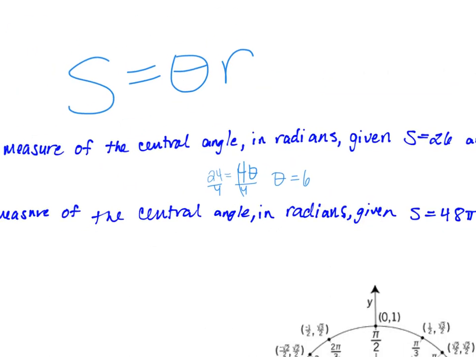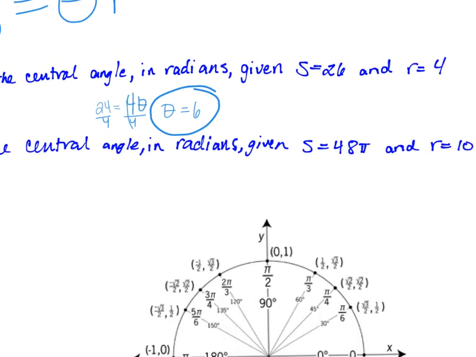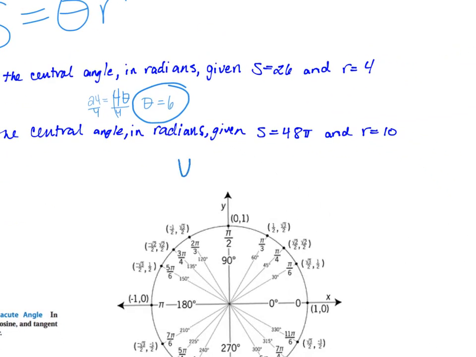Is there a degree measure in your problem? No. So then you assume it's already in radians. You're good to go. If there is a degree measure that you see, you have to convert. But if there's not, you're okay. Same thing here. Look. I have 48 pi equals 10 times theta.